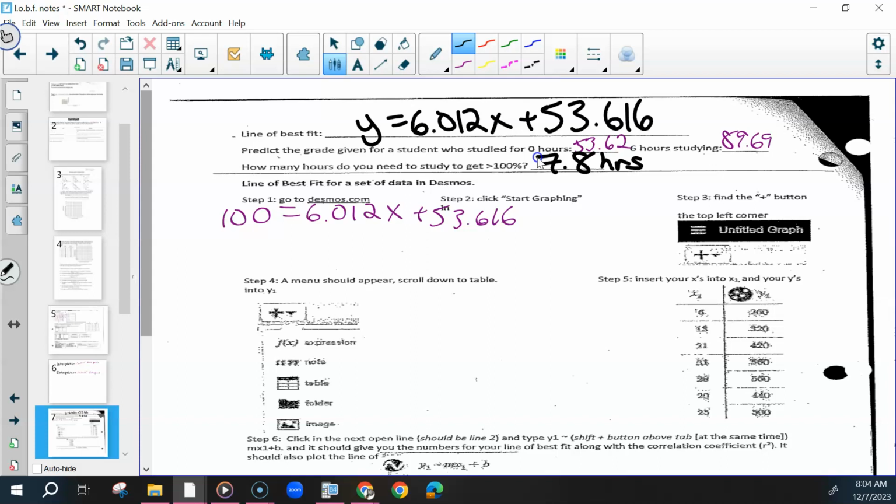Now I'm going to show you how to do this in Desmos, and you'll be able to choose whether you want to use the calculator or Desmos. Desmos has less steps. So open up your iPads.